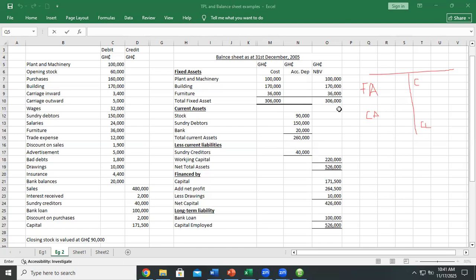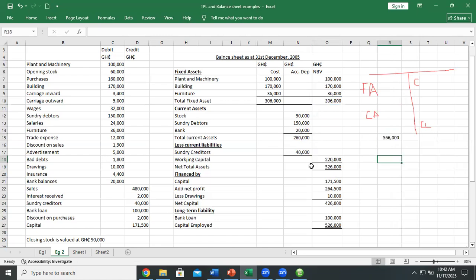So if we added those two figures together, let me do my formula again. I have just edited it. Good. So if we added these two figures, we would have gotten, I think, 566,000, your fixed asset plus your current asset.